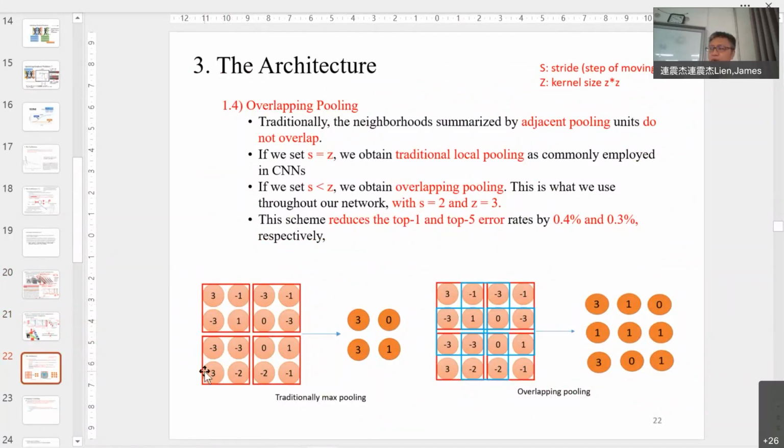If you do maximum pooling with 2x2, because you want to reduce by 2, your maximum pooling size is 2x2. So in each 2x2 window, you pick the maximum value. So this 4x4 becomes 2x2.